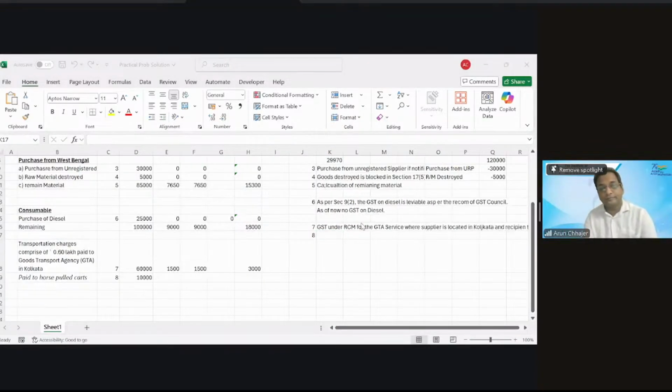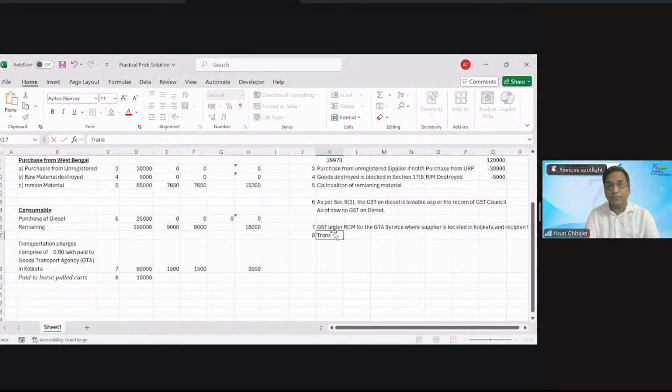So transportation of goods by road is an exempt supply, an exempt service, except courier and GTA.